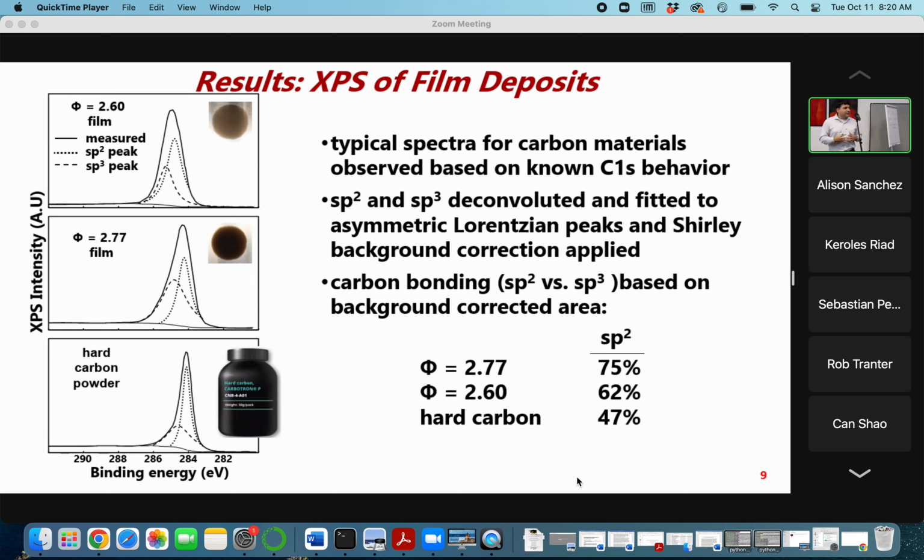And by analyzing the areas, deconvoluting our signal into these different types of bonds, based on this analysis, the higher equivalence ratio condition has 75% sp2 based on this method, followed by the lower equivalence ratio, and then hard carbon has the least sp2 contribution based on this method.